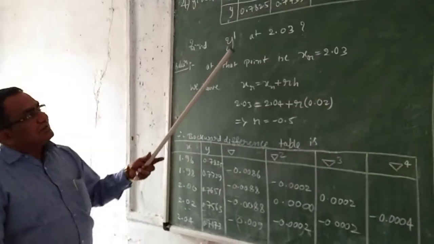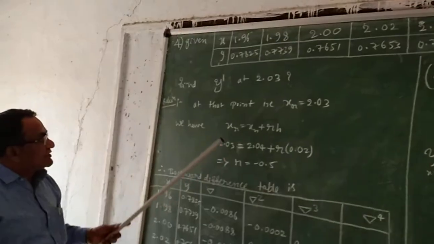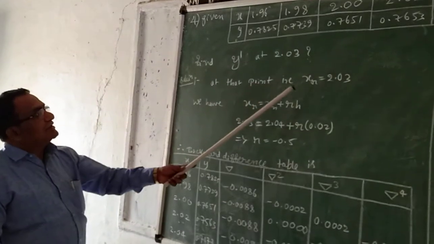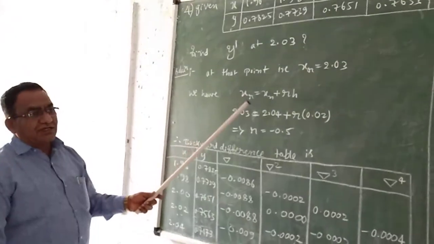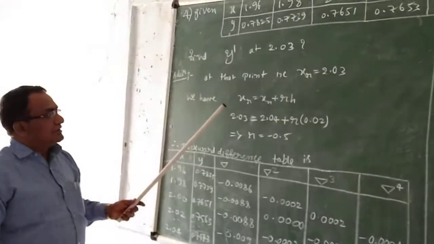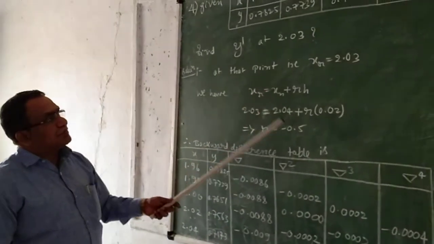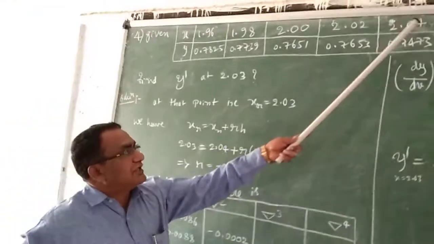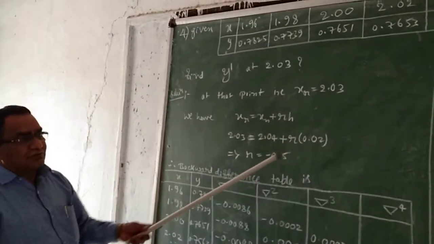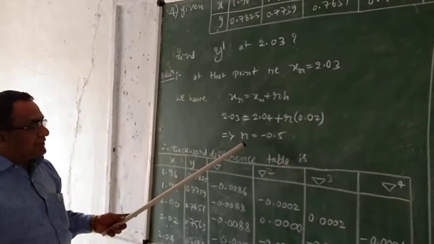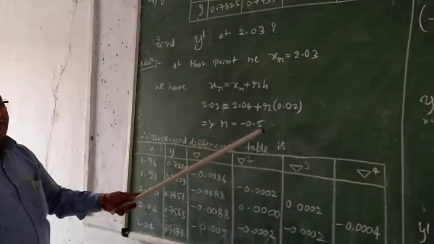See here, 2.03 is near to the end point. So at the point x r, we have this formula: x r is equal to x n plus rh. x r, 2.03, is equal to x n, 2.04, the last end point, plus r into 0.02. With this we can find the value of r, it is minus 0.5.